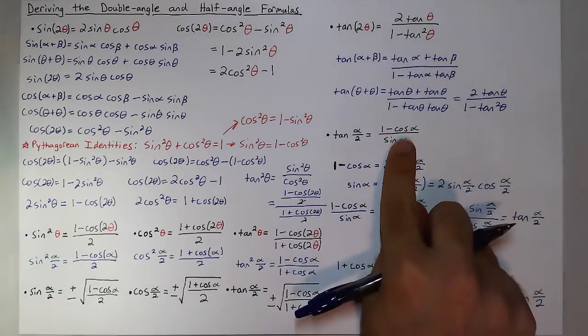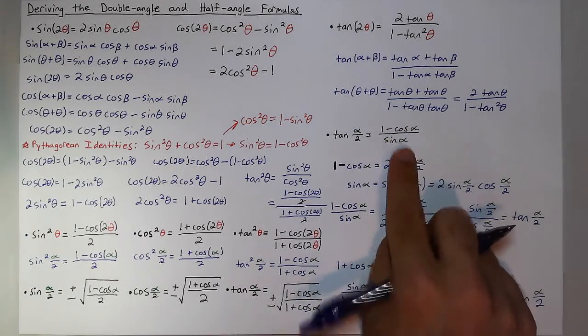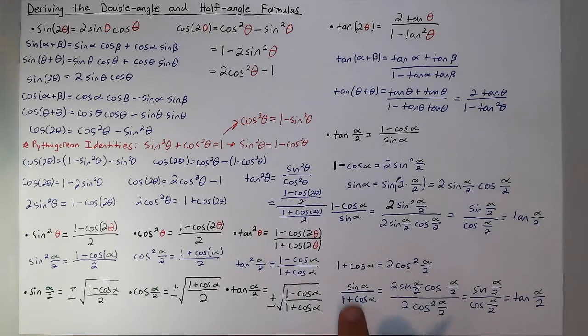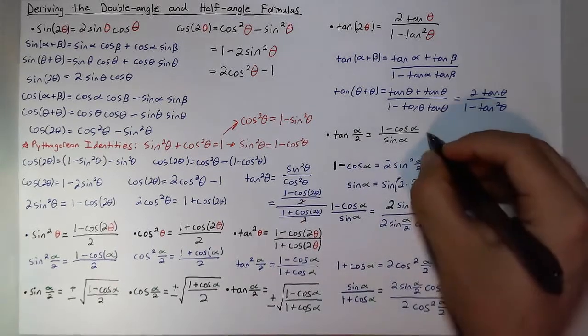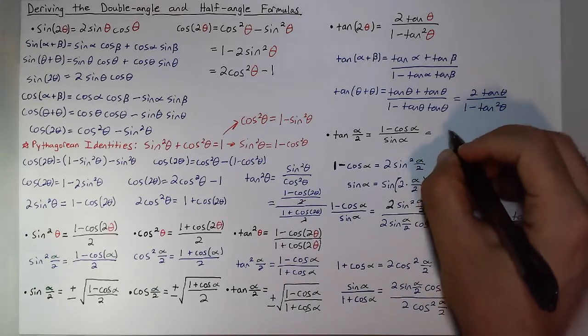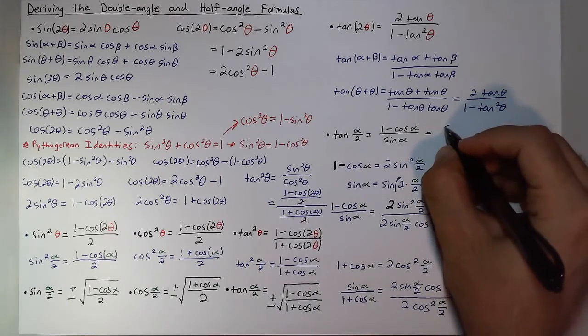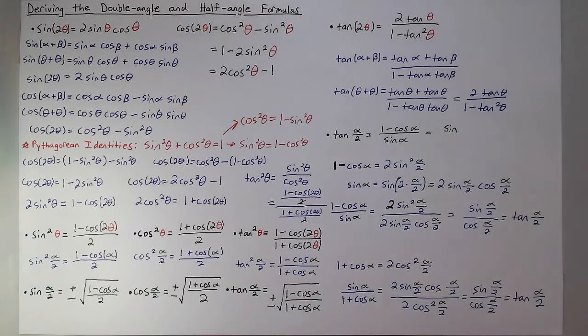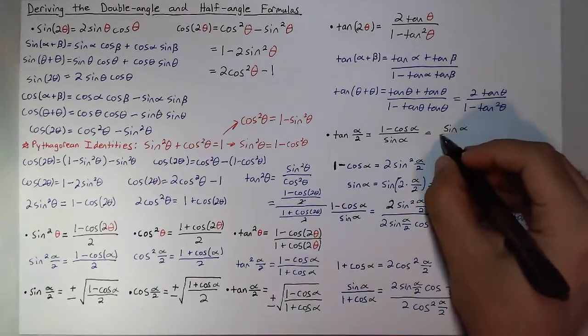So again, another way, instead of using 1 minus cosine alpha over sine alpha, I can also use sine of alpha over 1 plus cosine of alpha.